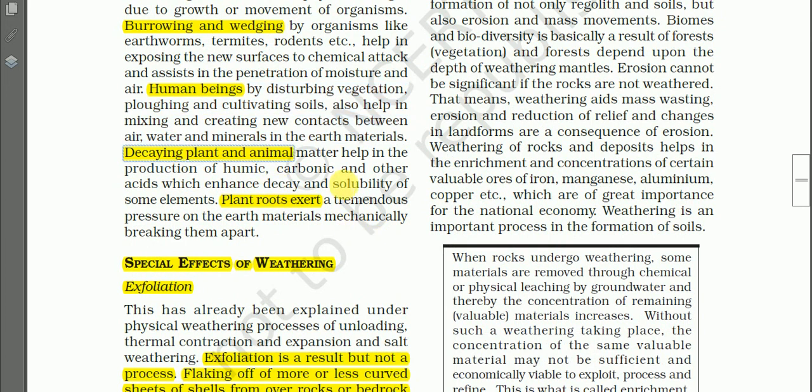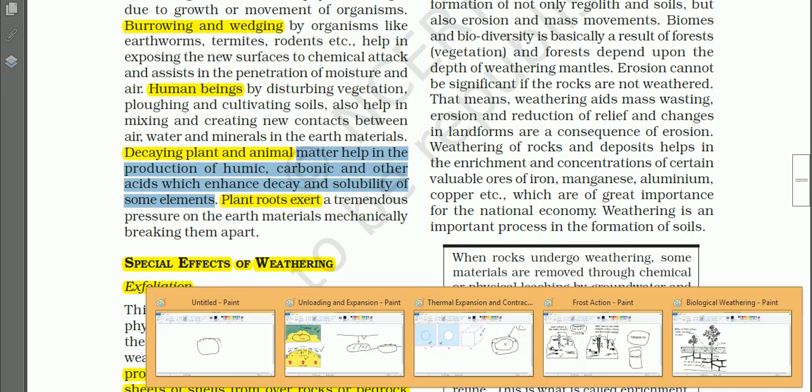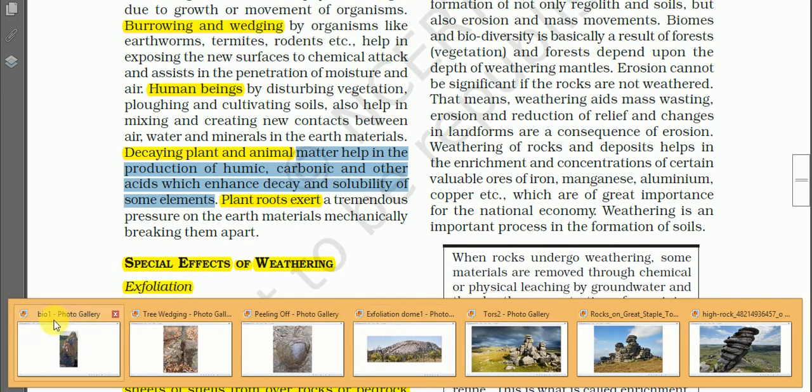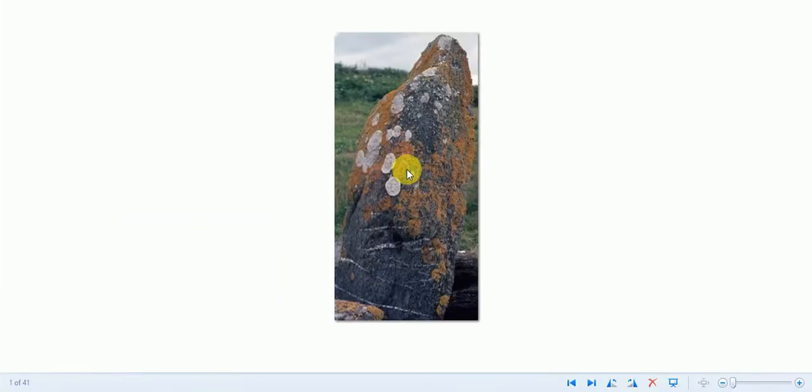Then decaying plant and animal matter help in the production of humic, carbonic and other acids, which enhance decay and the solubility of some elements. For example, sometimes you may see on a stone the growth of algae and mosses.